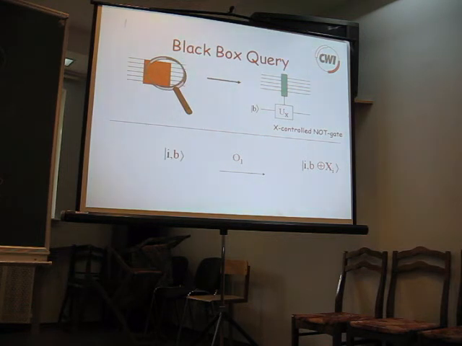Yesterday we had that I got (-1)^xi in front. Actually, this is a more natural way of looking at things. And in the next slide I will actually show to you that these two are completely equivalent. So this is also classical, right? If I want to know the value of variable i, I get the answer in the second register. However, since everything here has to be reversible, I have to not erase the value b, so I just XOR it with the value of xi.